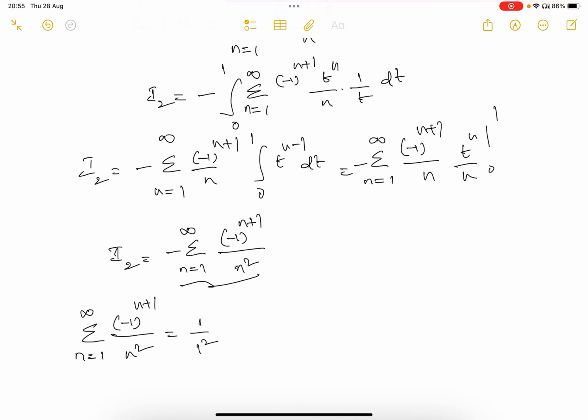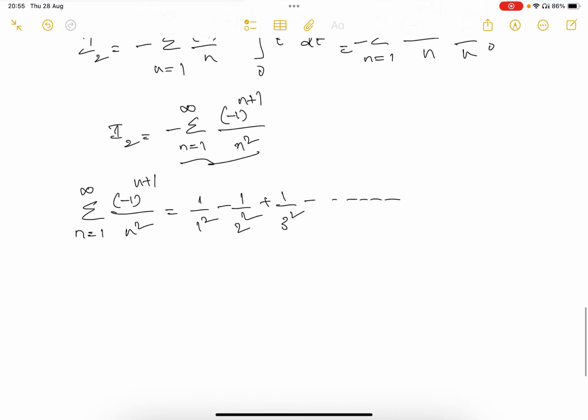When n equal to 2, it will be minus, plus 1 by 3 square and so on. As you know, it looks like a Riemann-Zeta function, right? Riemann-Zeta function of 2 is 1 by 1 square plus 1 by 2 square plus 1 by 3 square.